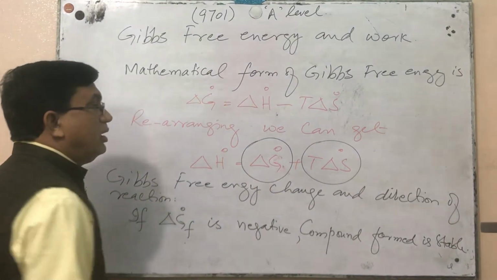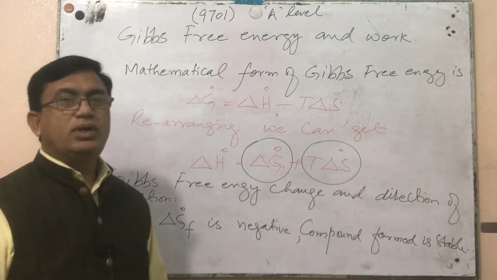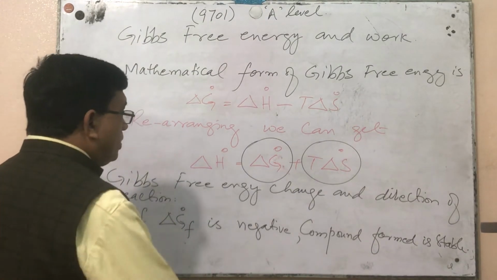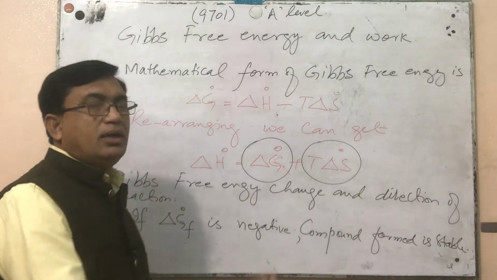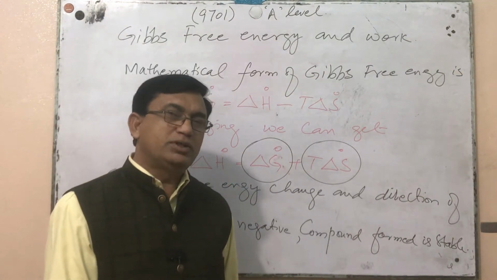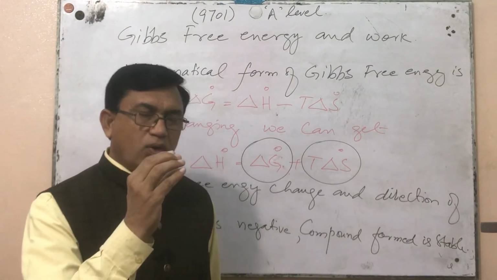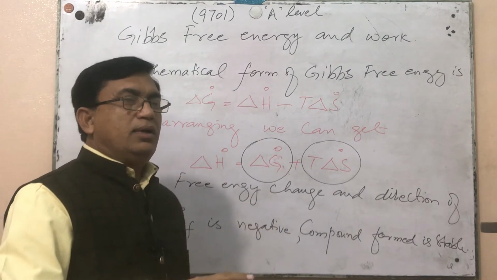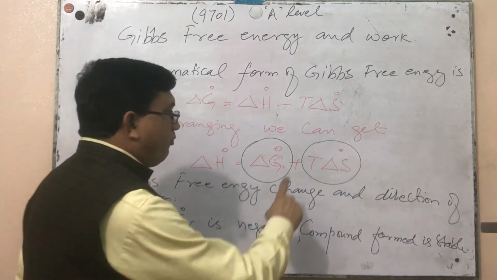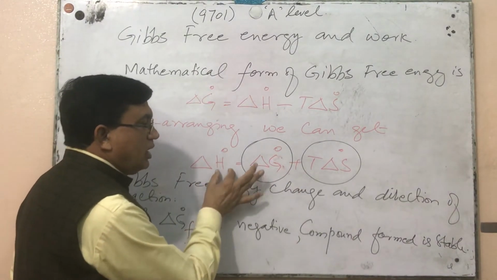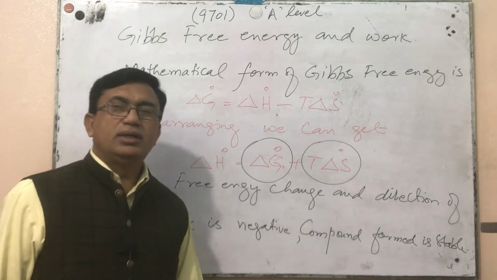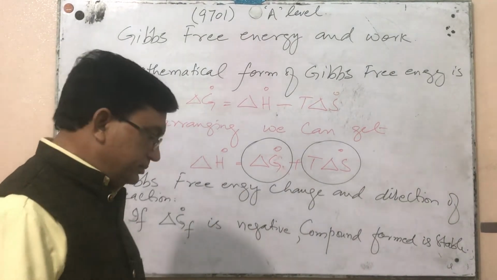Only this part will be available for work done. That's why the total enthalpy change cannot be converted into 100% work. Some part of the enthalpy is utilized in increasing the entropy.